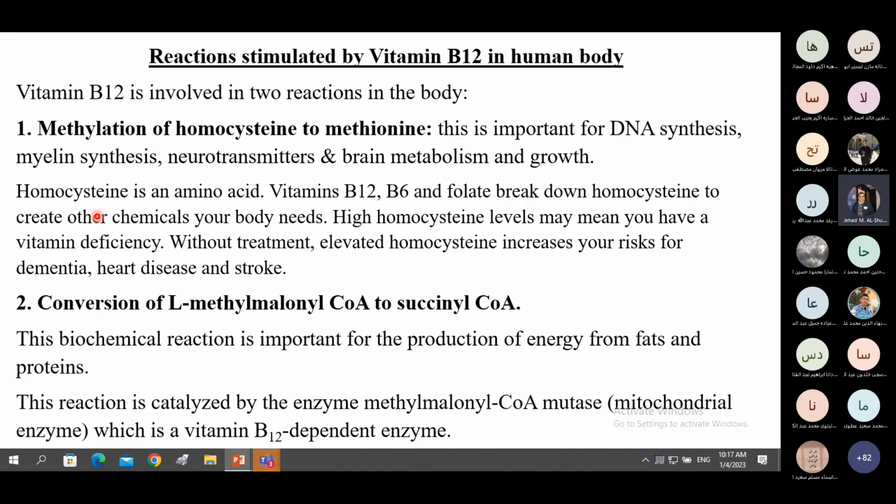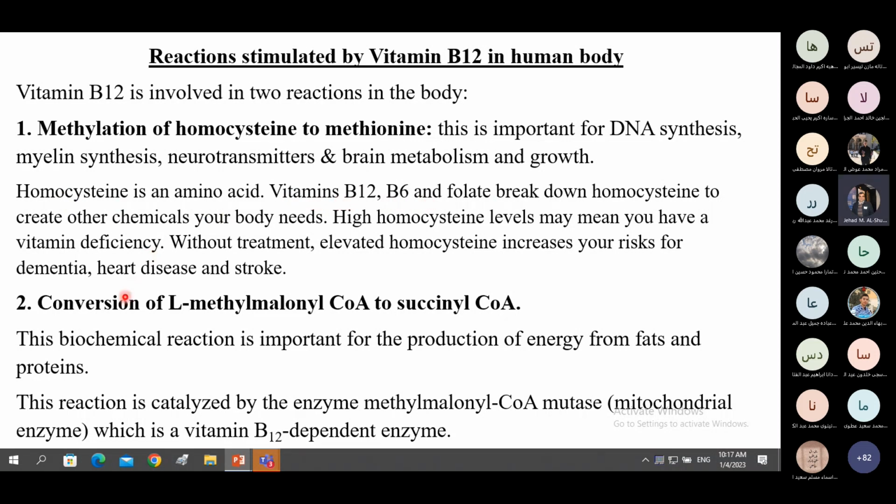This is what keeps homocysteine at a normal level. Thus, if there is a high level of homocysteine, it means there is a deficiency in one or more of these vitamins, or maybe all of them.